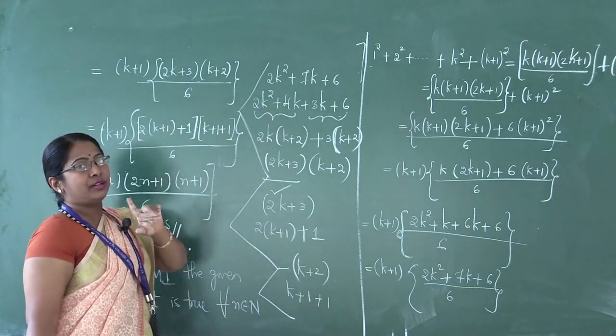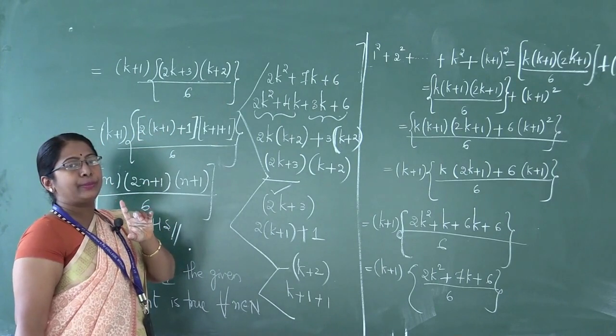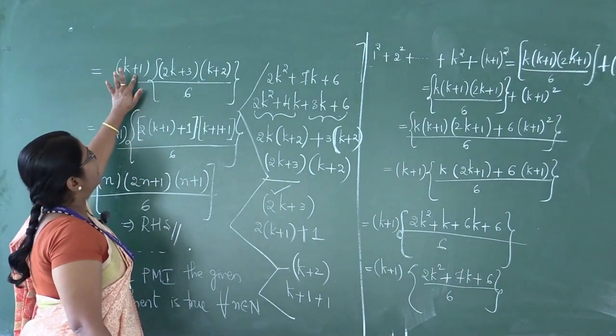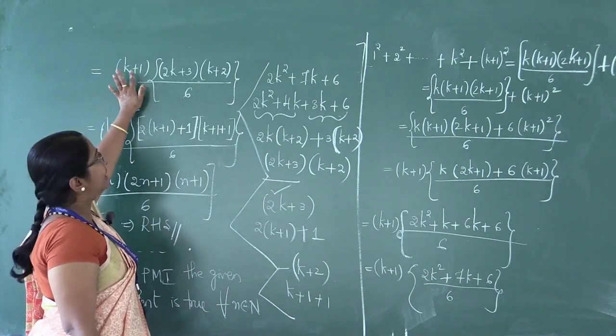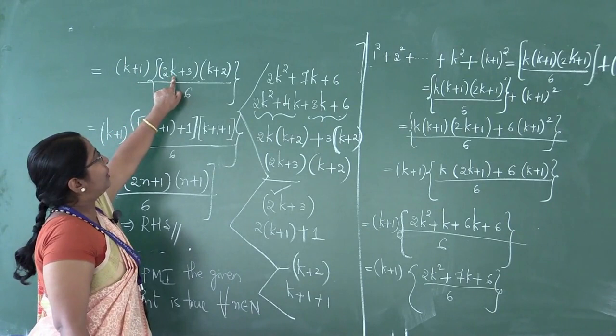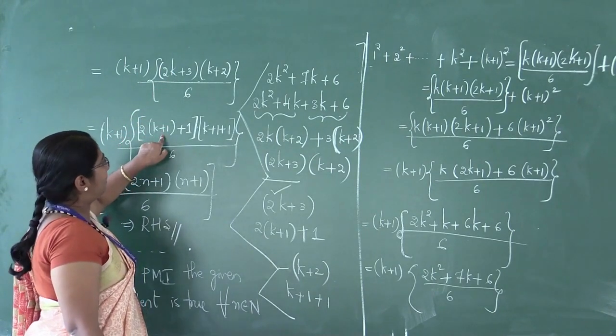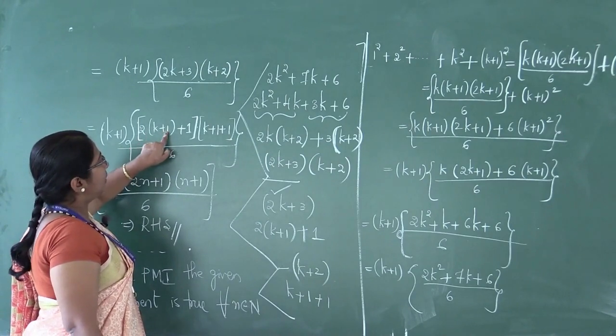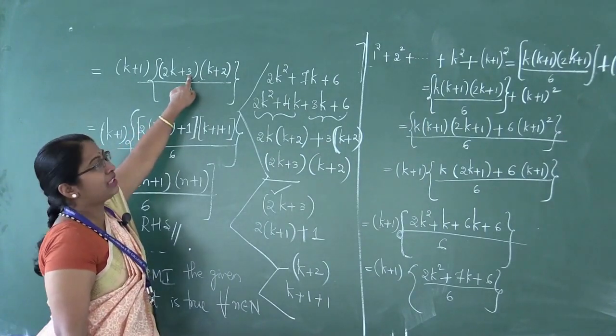As mentioned earlier, each term of k has to be represented in terms of k plus 1. So k is already in terms of k plus 1, no need to write. Here k has to be represented in terms of k plus 1. So in place of k, what do I write? K plus 1. 2 into k, 2k plus 2 ones are 2. 2 plus what number gives me 3?